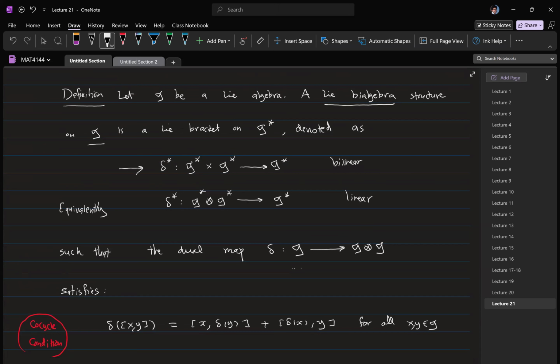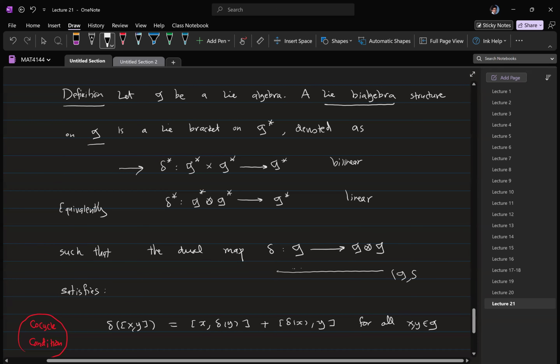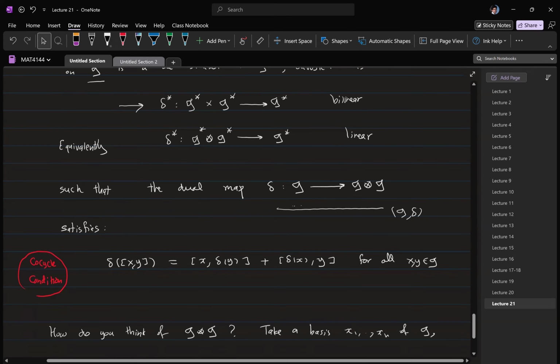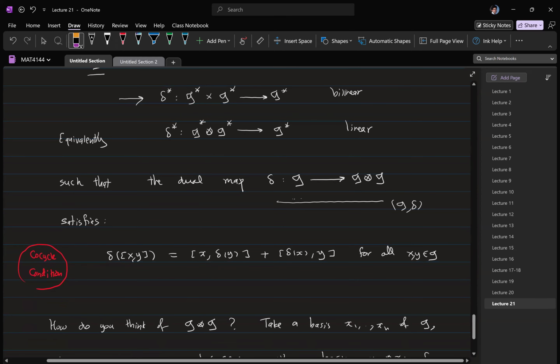The dual of this bracket will be a map in the opposite direction, going from G to G tensor G. In other words, you could say a Lie bialgebra is a pair of a Lie algebra and some delta going from G to G tensor G, such that the dual of delta is a Lie bracket and there is a cocycle relation. Okay.